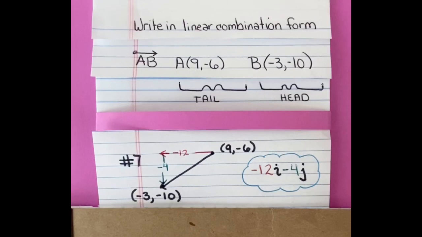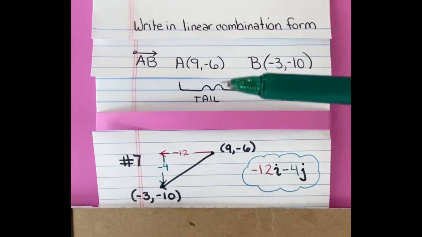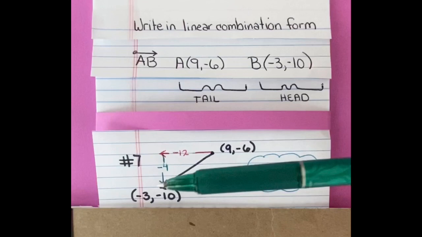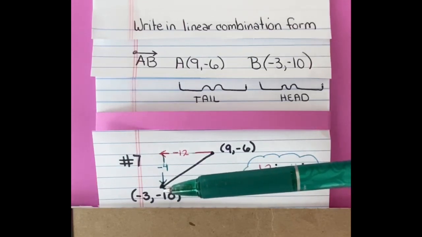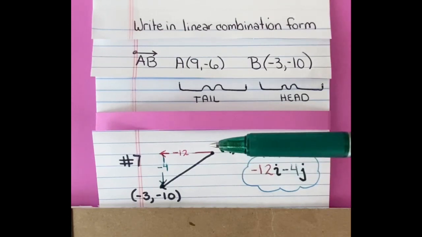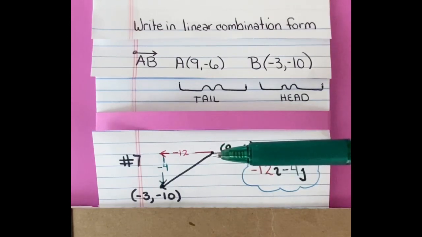To write vector AB in linear combination form, I began by plotting the tail, A, and then the head, B. We want to always start at the tail and move to the head.